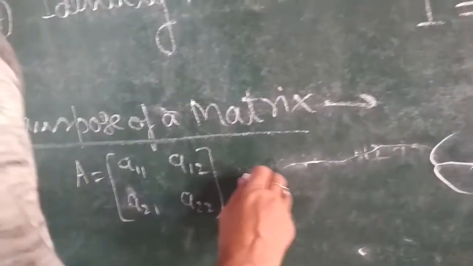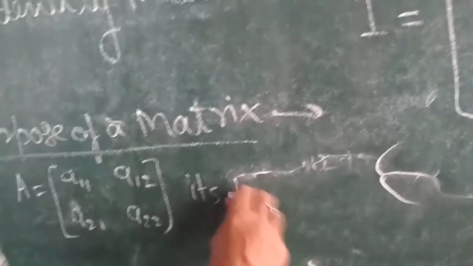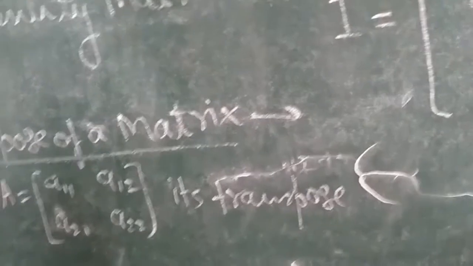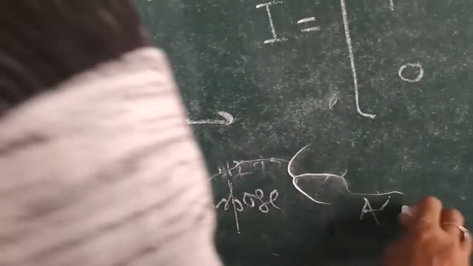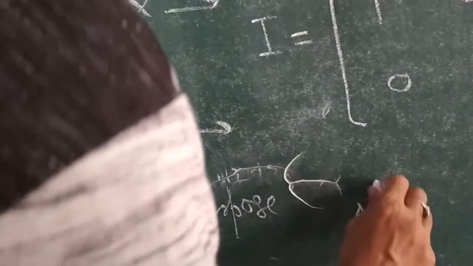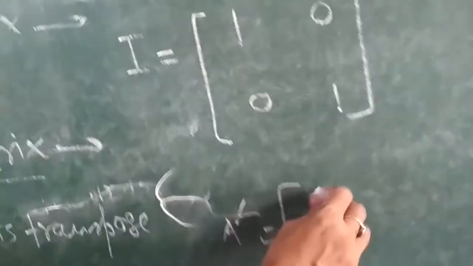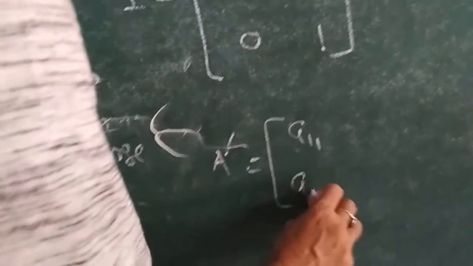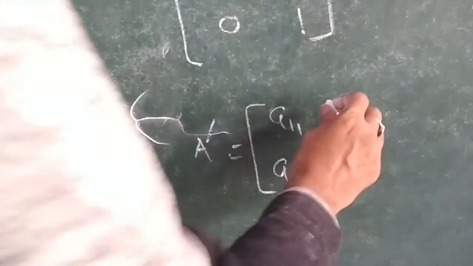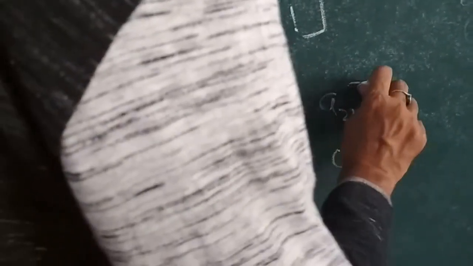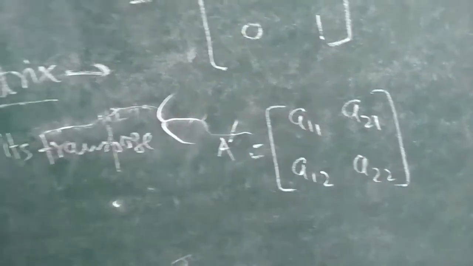Then its transpose will be written as A dash. For transpose we put a dash and write the rows as columns and the columns as rows: A21 and A22. So this is the meaning of transpose.